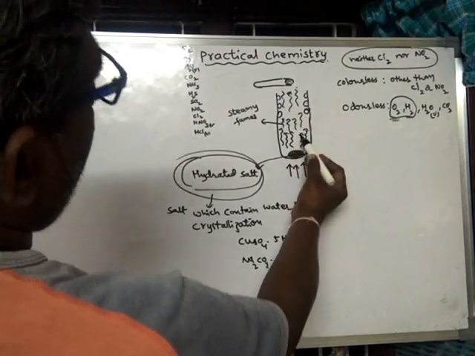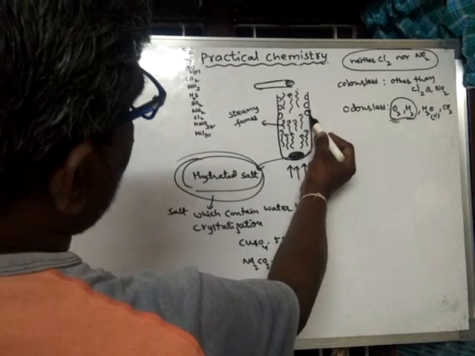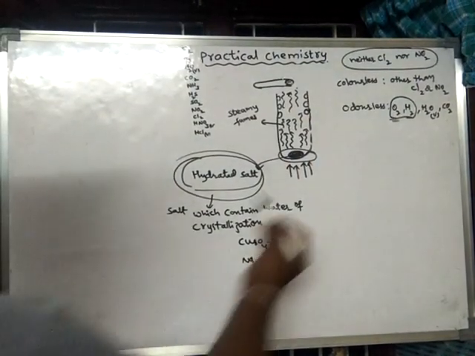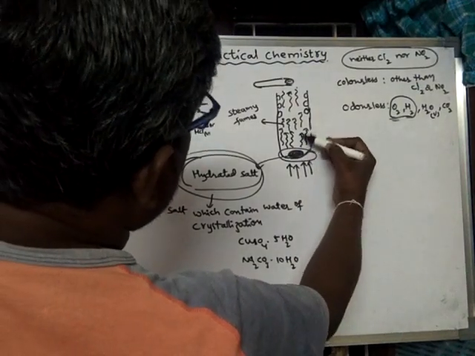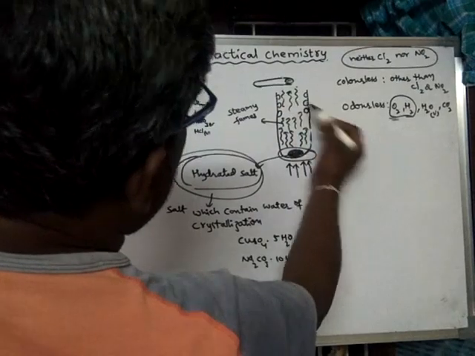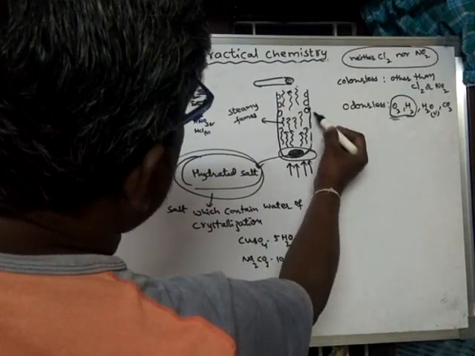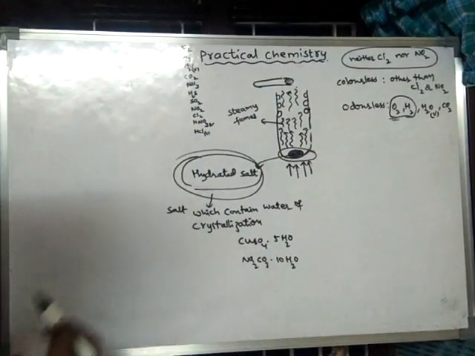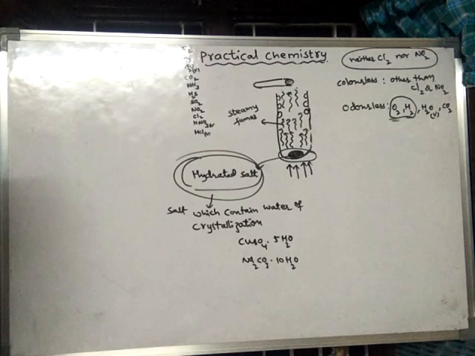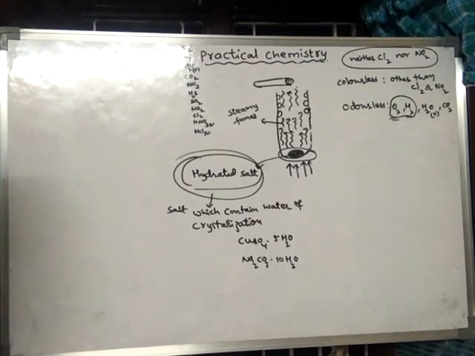This portion is hot, so when these gases rise up and finally reach the cooler portion of the test tube, these vapors condense on the test tube and form a colorless liquid. Tiny drops of liquid are seen, condensed on the cooler parts of the test tube.